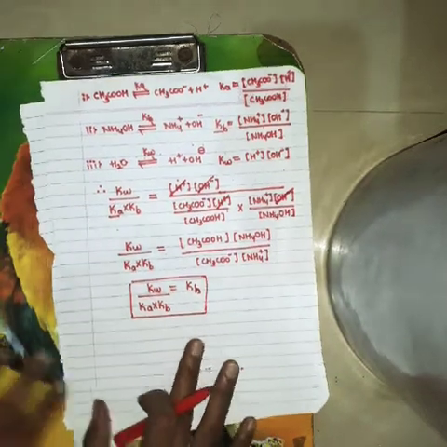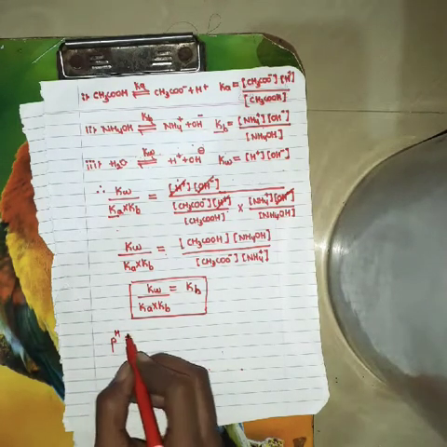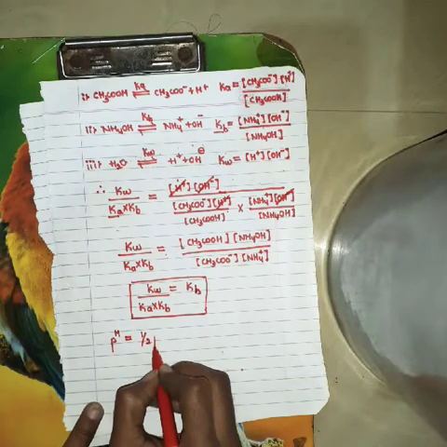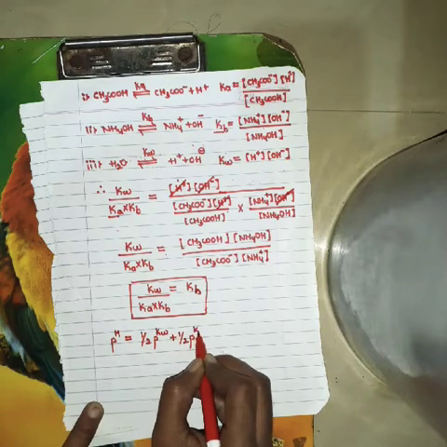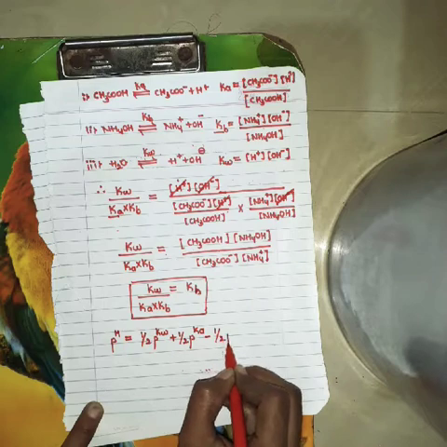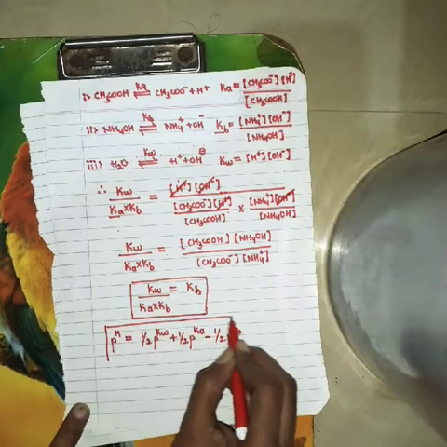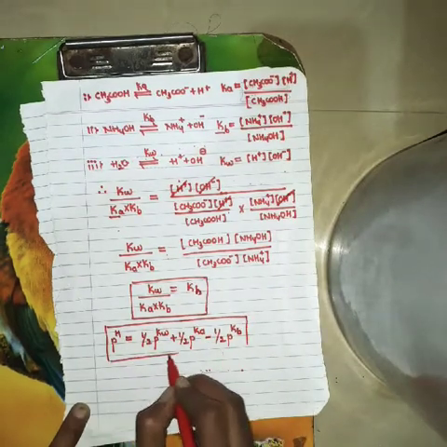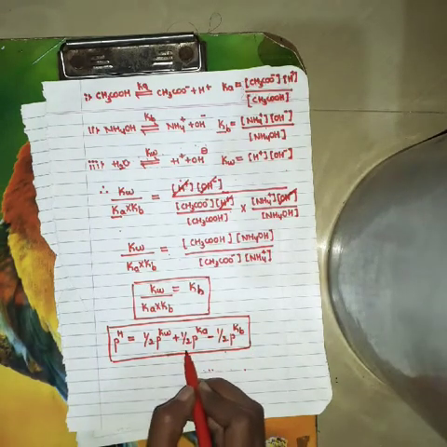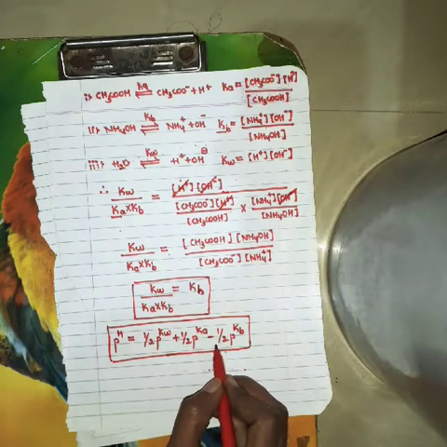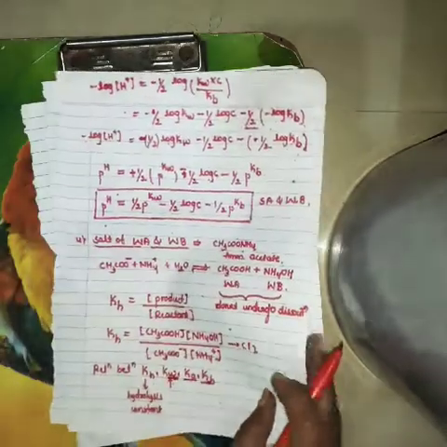The pH of the solution is 1 divided by 2 pKw plus 1 divided by 2 pKa minus 1 divided by 2 pKb. This is the expression for the pH of a weak acid and weak base salt. I hope students you understood today's class.